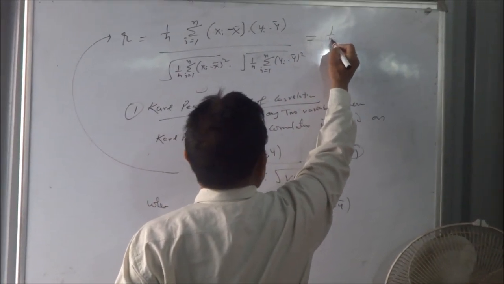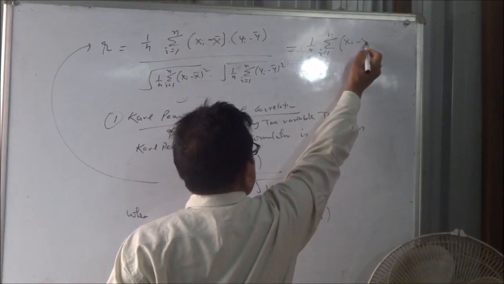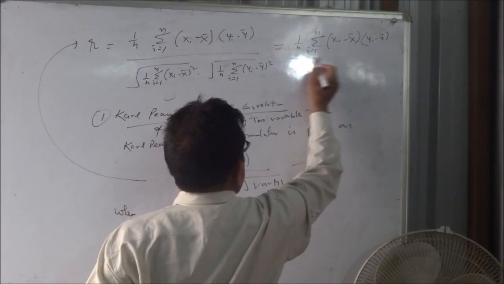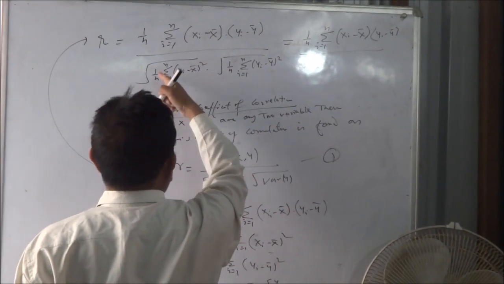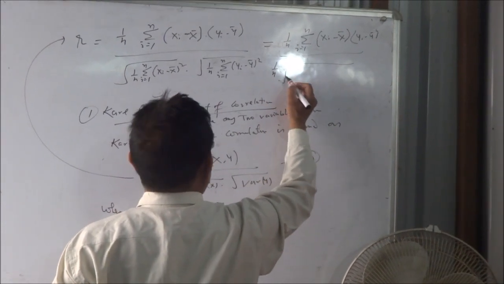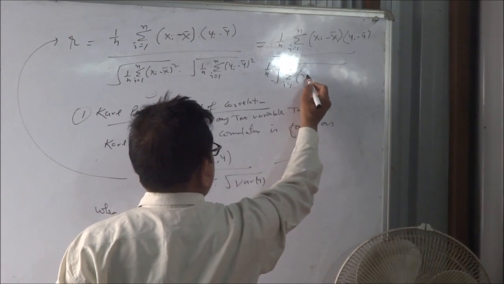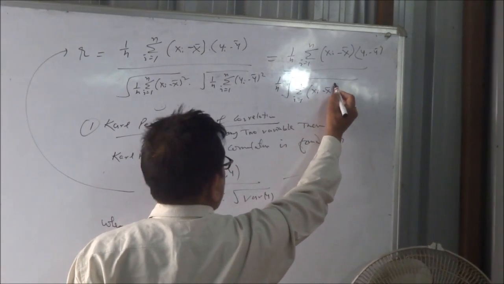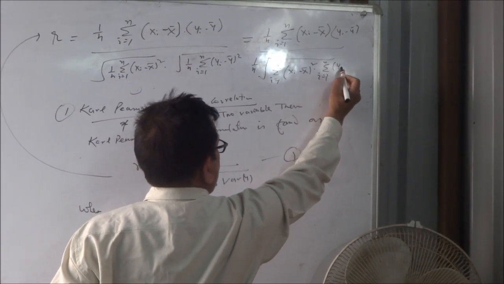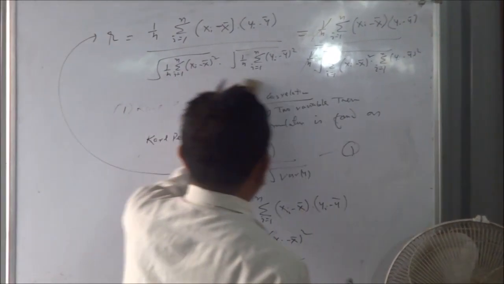This is 1 upon n summation i varies from 1 to n xi minus x bar into yi minus y bar upon 1 upon root n, 1 upon root n, and the whole thing you can take like this, summation i varies from 1 to n xi minus x bar its whole square into summation i varies from 1 to n yi minus y bar its whole square. The 1 upon n cancels.